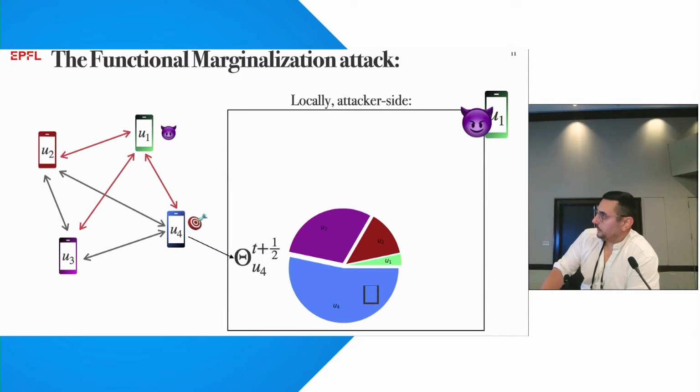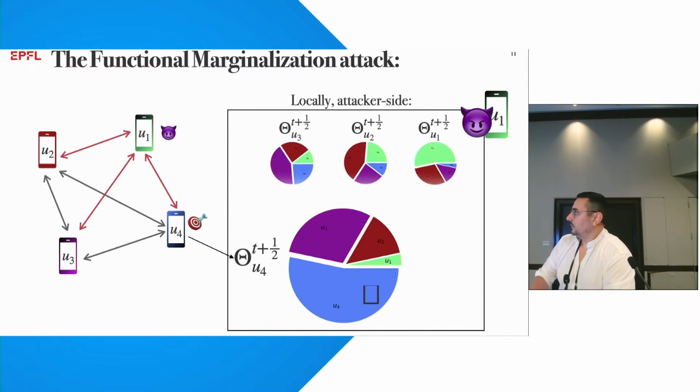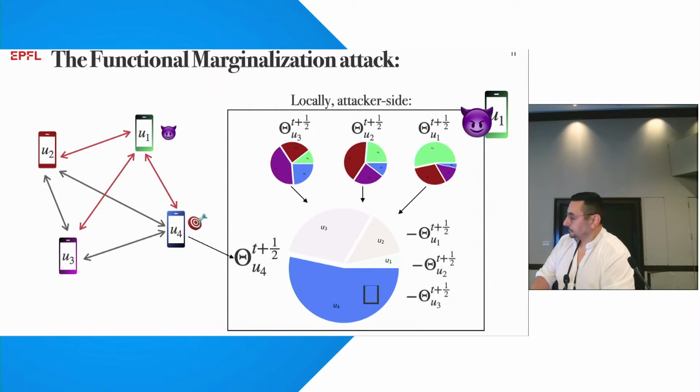So, the functional marginalization attack. The idea is that if the attacker has access to the model update of a target and other model updates generated by non-target users, the attacker can use the information carried by non-target model updates in order to isolate the contribution of the target user in their model update.